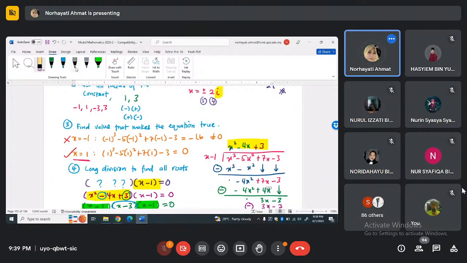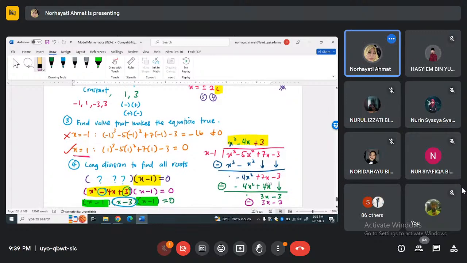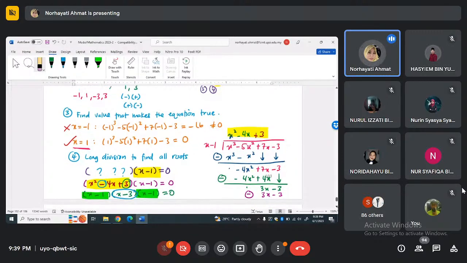Okay, sorry. So what did Izzati do earlier? Izzati tried not 1 but 3. Doctor, 3. Same, 3. So when Izzati tried x equals to 3, the polynomial also equals zero. Okay, we still get P(x) equals to 0, and the factor will be the bracket and then x minus 3 equals to 0. So you can find it from here.